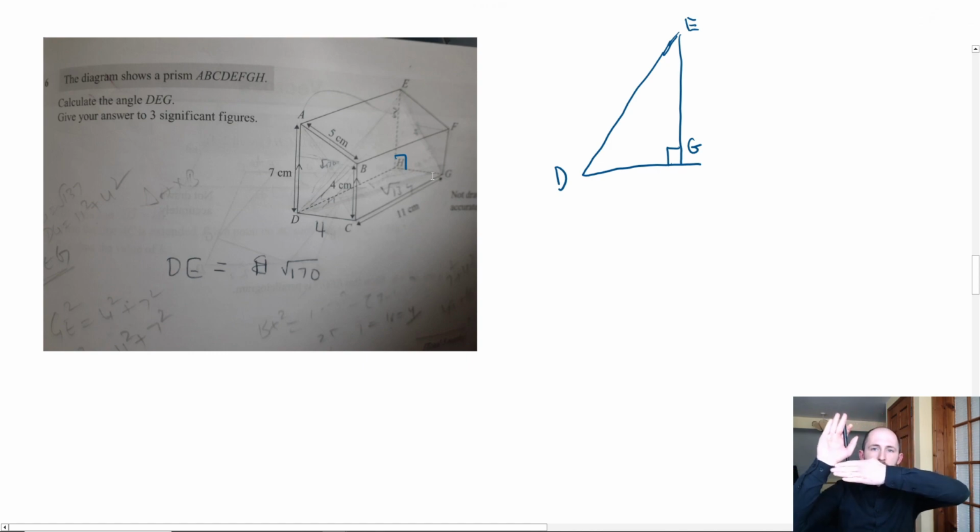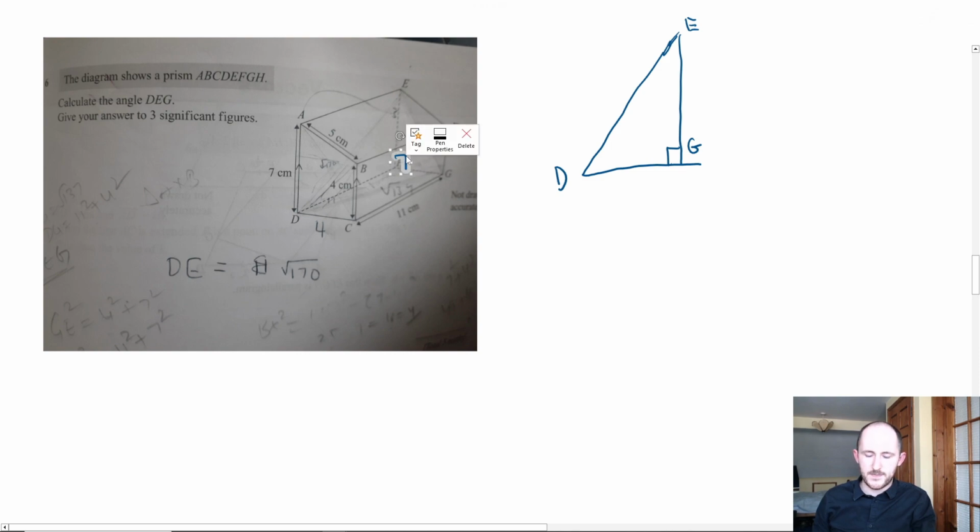So if you look, that's still a right angle. The other way to look at it, which might be easier, is because they're on the same face, they're going to be perpendicular to each other. I hope that makes sense. But the angle we're looking for is this one up here. Okay? So, let's try and work some stuff out.